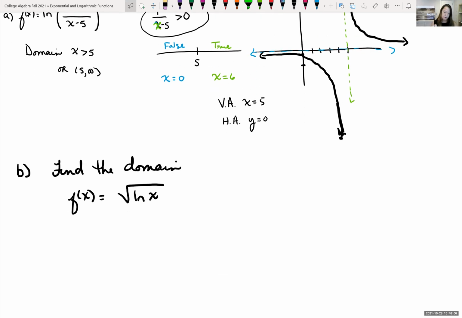We have two separate places that could give us problems. We have a radical, an even powered radical. So we know what's underneath that radical, this natural log of x, has to be greater than 0. And x has to be greater than 0 because we can't take a natural log of a negative number.